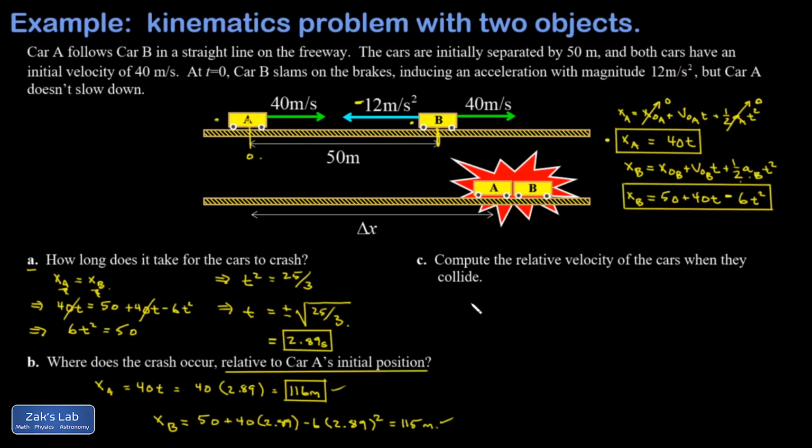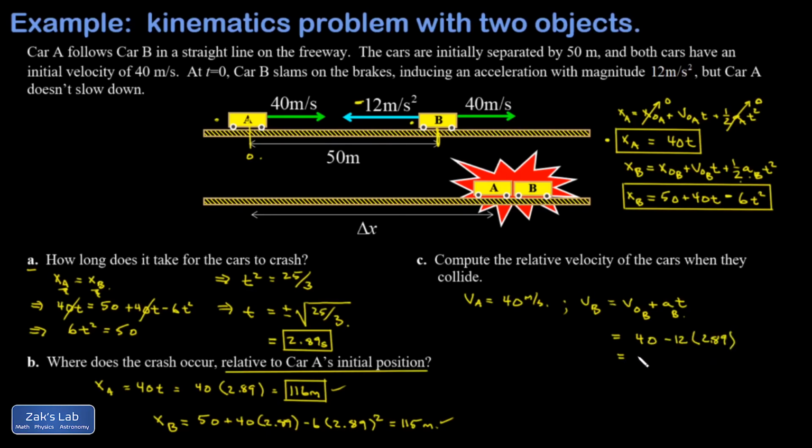For car A, that's simple. It's still going 40 meters per second, so I'll call that vA, 40 meters per second. But car B has been accelerating, so I have to use my second kinematics equation for this: v equals v naught plus at. The initial speed was 40 and the acceleration was negative 12, and it was doing that for 2.89 seconds before they crashed.